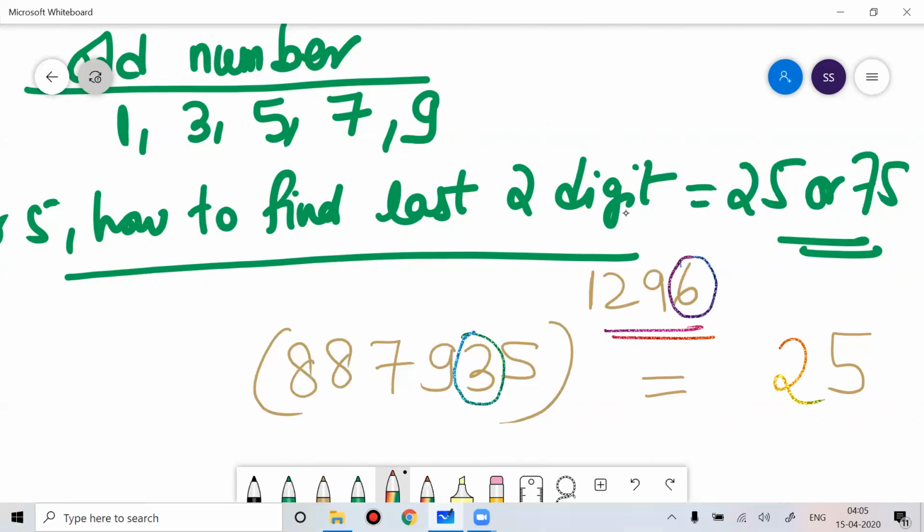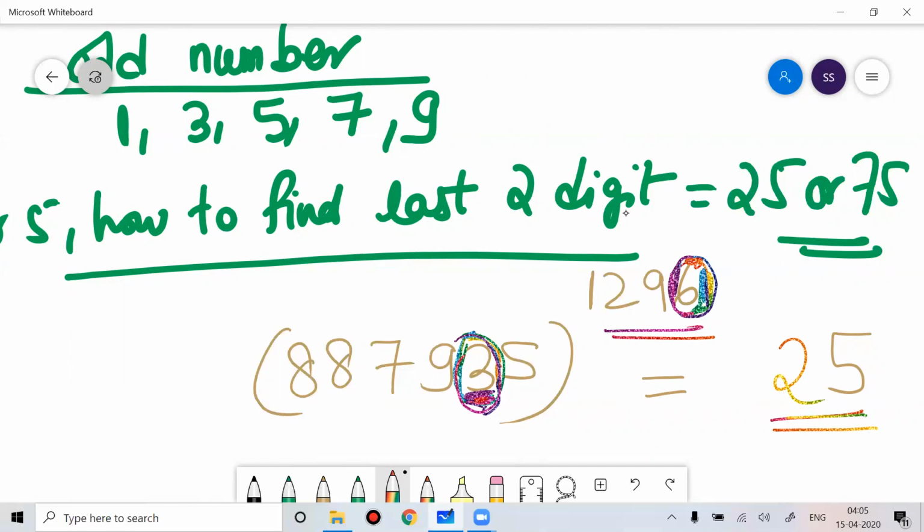Otherwise, there's a way of telling: multiply the digit before 5, which is 3, with the last digit of the power, which is 6. If you multiply any digit with an even number, you will get an even product. So if the product is even, then the answer is 25.